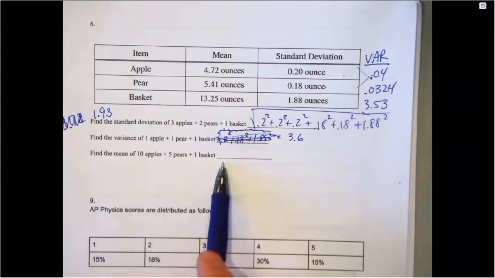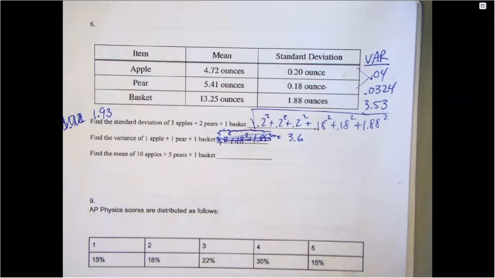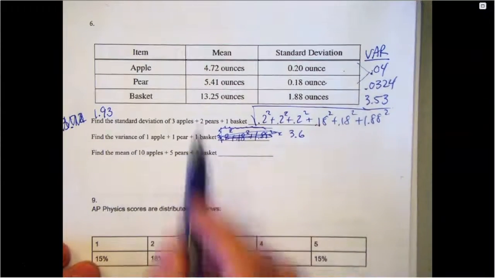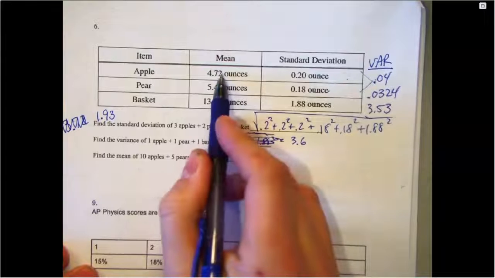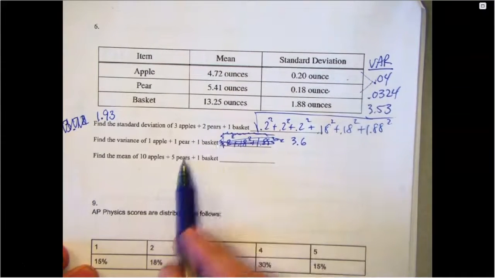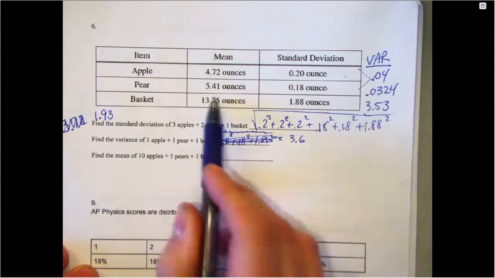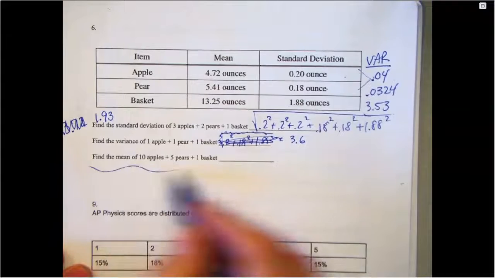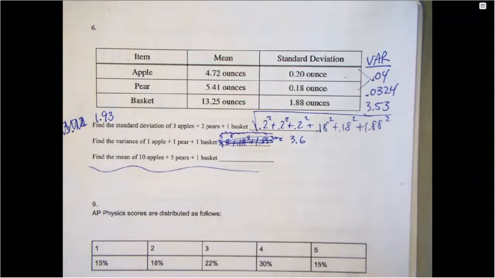And then the mean, whatever you do to the data you do to the mean. So this is 10 times 4.72 plus 5 times 5.41. This is like a seventh grade question, but it's way more confusing because you're in the middle of all this other AP stats confusing stuff.